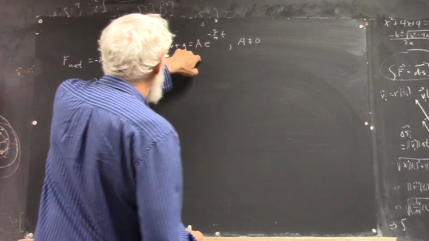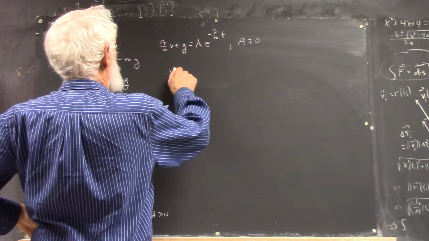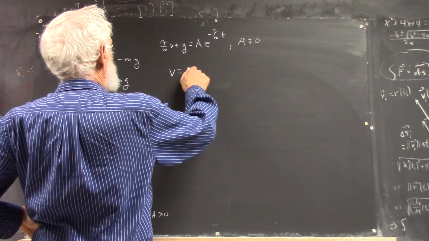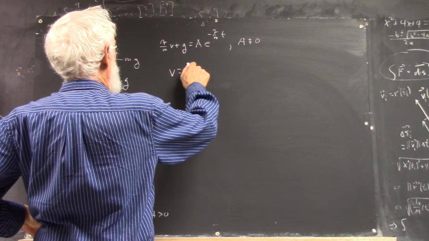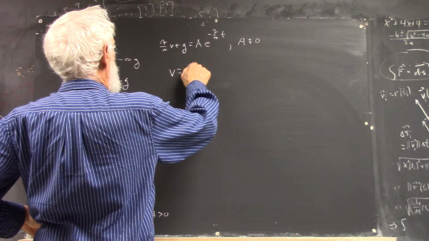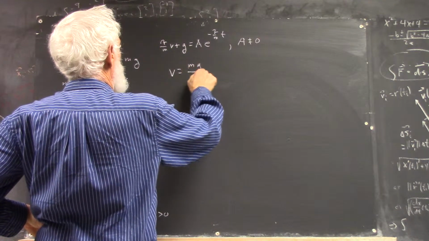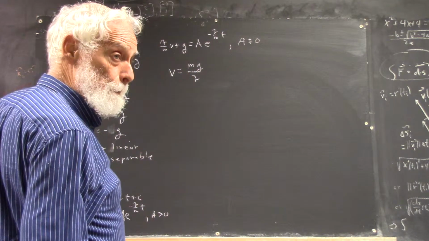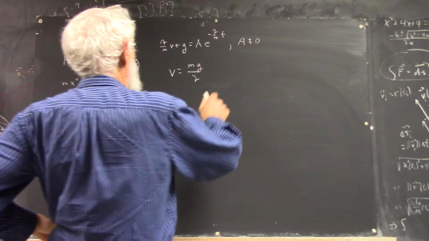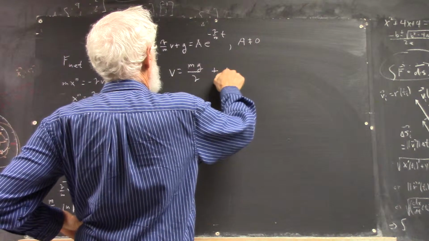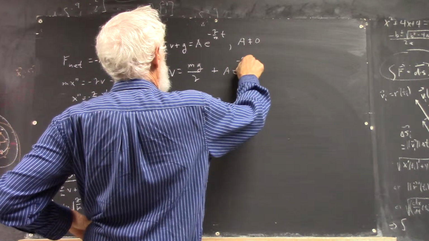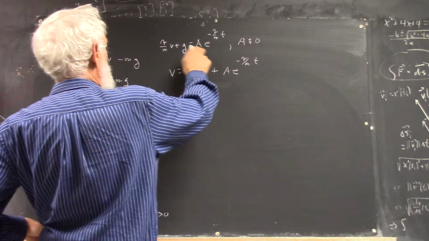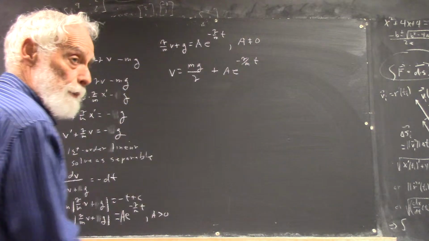So there we have it, so that v equals mg over gamma, which is going to be your terminal velocity, plus a e to the negative gamma over m t, a being an arbitrary constant that just absorbs the m over gamma we multiplied by.